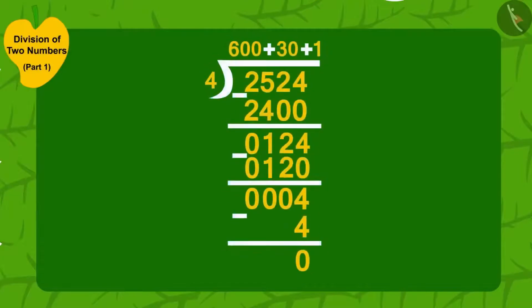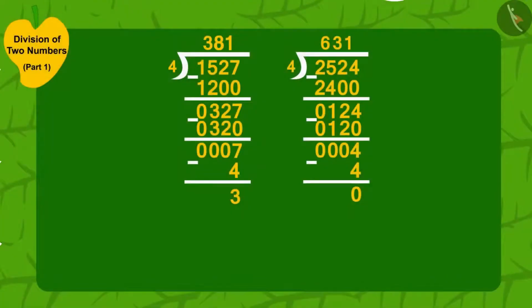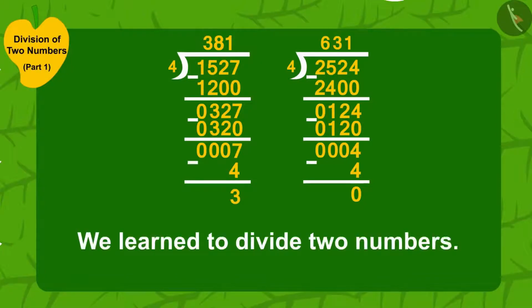We can find out by doing division in this way, so that uncle can divide 2,524 mangoes into groups of 4 mangoes and divide it equally among 631 people. Children, in this video, we learned to divide 2 numbers. In the next video, we will see some more interesting examples based on this.